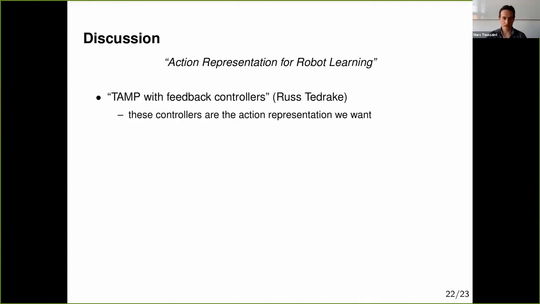The first thing I would say is that I'm in full agreement with what Russ Tedrake said yesterday in a workshop, that we have to move on and try to do this kind of manipulation planning, or TAMP, task and motion planning, with feedback controllers.